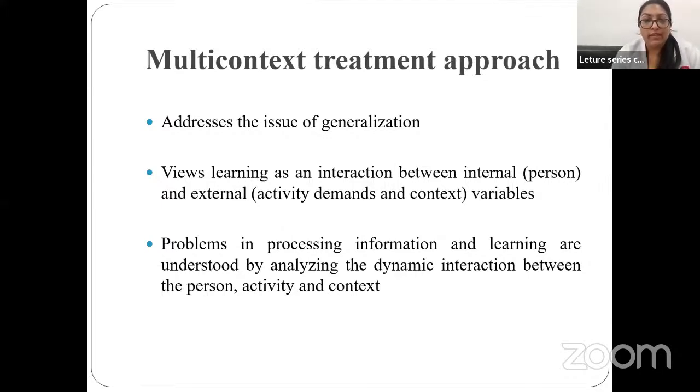In external variables, we have activity demands, like what is the number of items required, what is the number of steps, how the things need to be arranged, how familiar the activity is to the individual, and apart from that, contextual factors, in what context the activity is being performed: the physical context, the social context, and the cultural context.